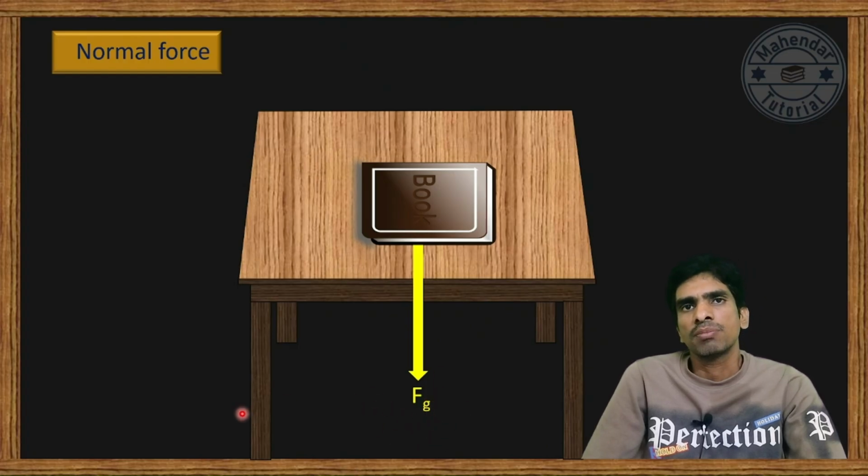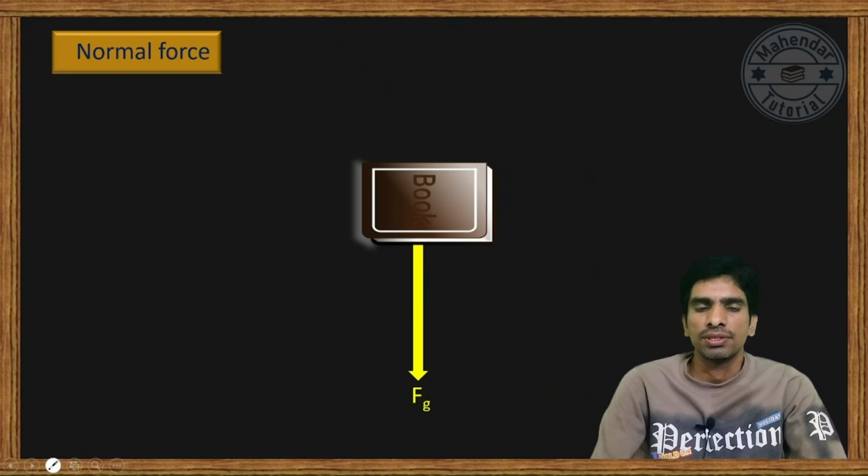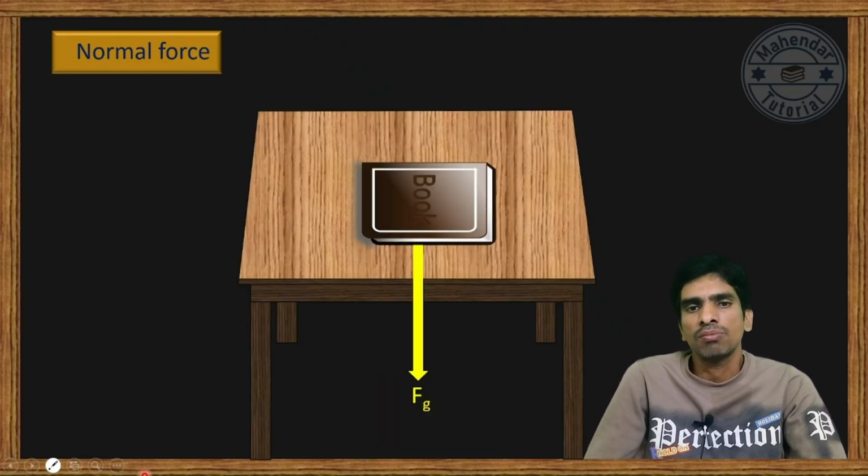Suppose the table suddenly disappears. What happens? The book falls down. Yes. But here the book is not falling down because the table is stopping the book. It means the table is applying some force against the gravitational force.